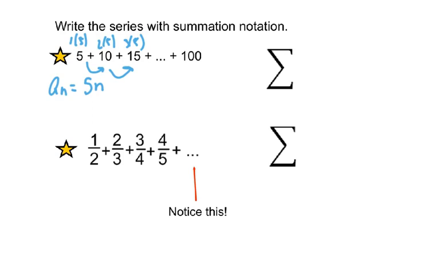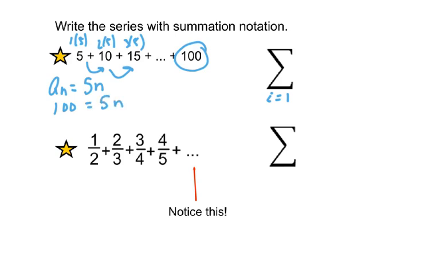So we're going to be starting with the first term, and again, you can use any variable you want as long as you're consistent. And then what term are we going up to? Well, I actually have to figure out what term 100 is. So I'm going to put 100 in for the a sub n spot equals 5 times n.